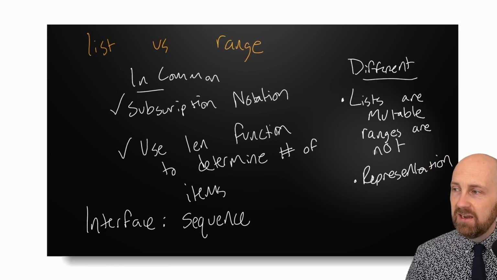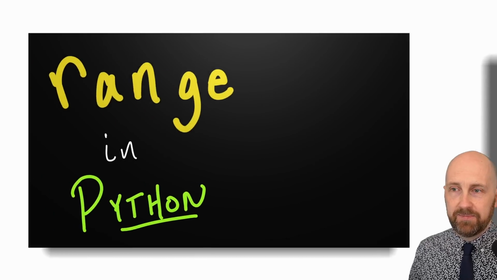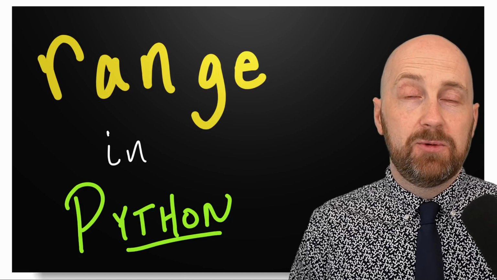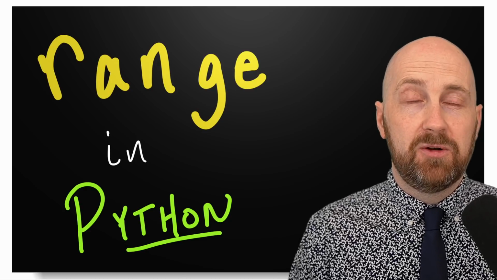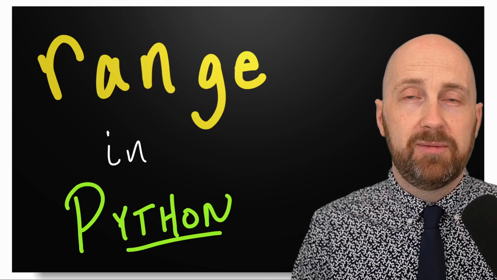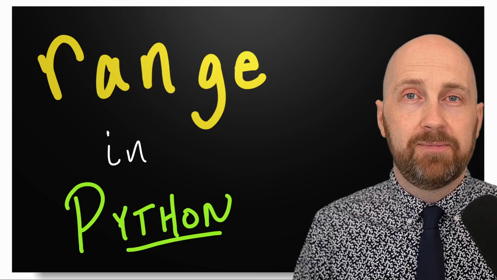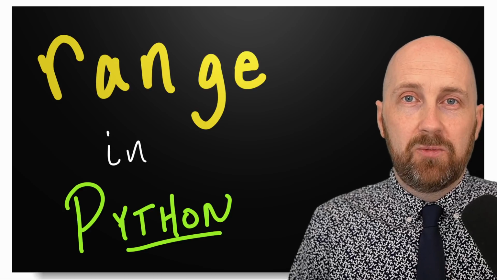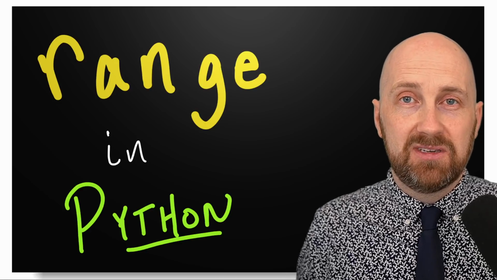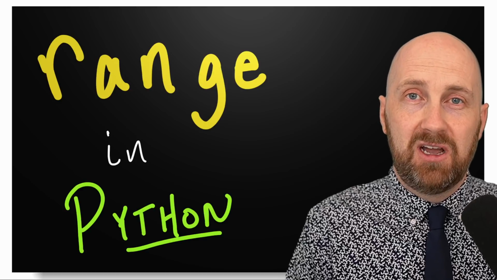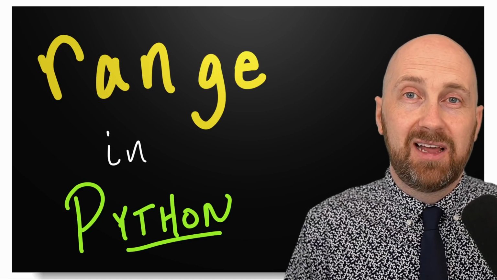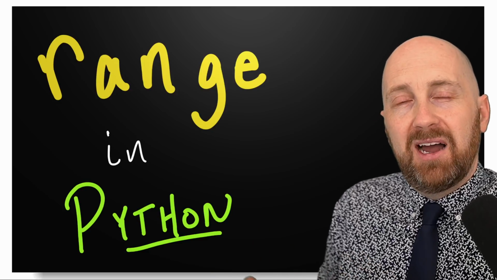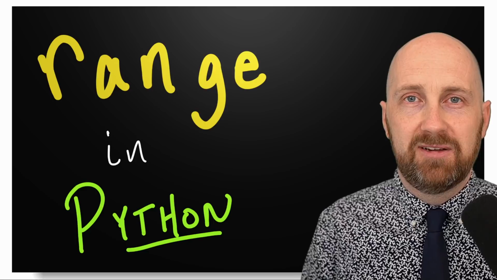So what we've seen in this particular video is the idea of a range, which we'll use very frequently when we start writing what are called for loops, which we'll learn about later. When we're talking about sequences, we can have many different kinds of sequences that share certain features in common. They share an interface, and this allows us to know what to expect when we work with them, even if behind the scenes their implementation is a little bit different.